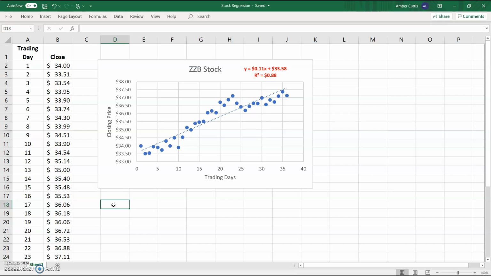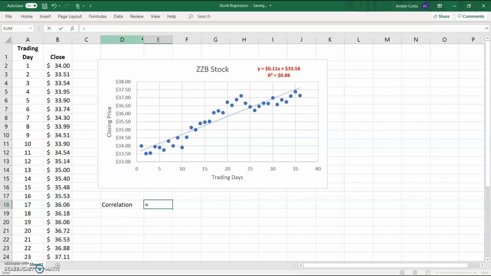Not a close fit. Now, in order to get our correlation coefficient, we are going to type in the formula equals CORREL, Shift 9 to get our open parentheses, and what it's going to ask for is the two variables that we're trying to find correlation for.